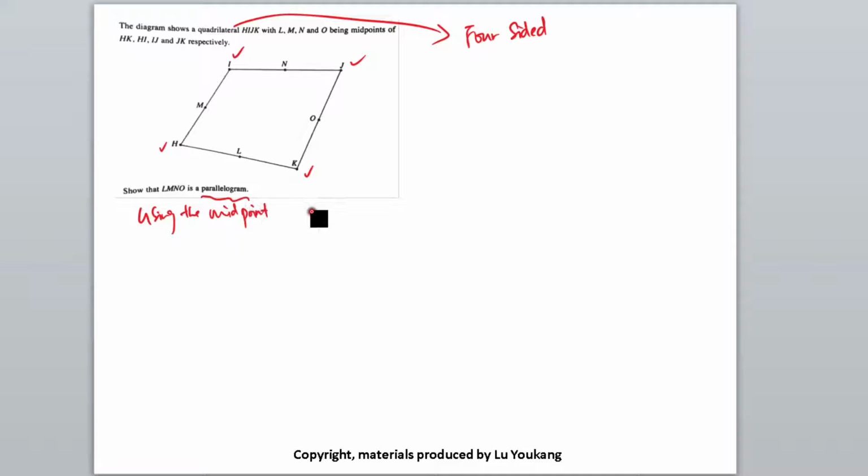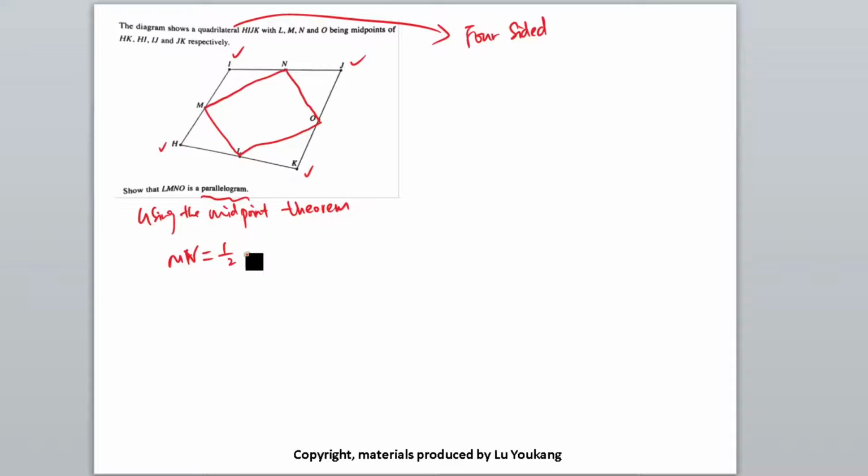So to prove LMNO is a parallelogram, we need to use the midpoint theorem. Let me link up all these points first. Let me link up L, M, N, O first.